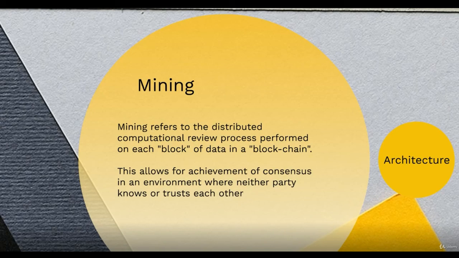So this block is created using a consensus mechanism where neither party knows or trusts each other. So consensus mechanism is nothing but you are going to create something in the environment, but you don't know anything about the party and you're not going to trust anyone.